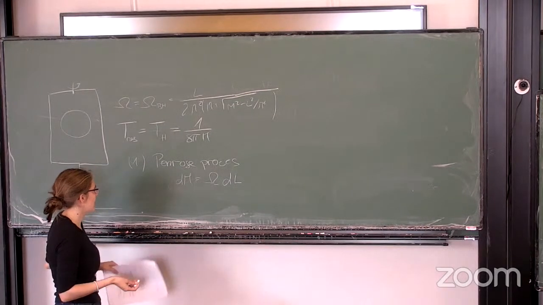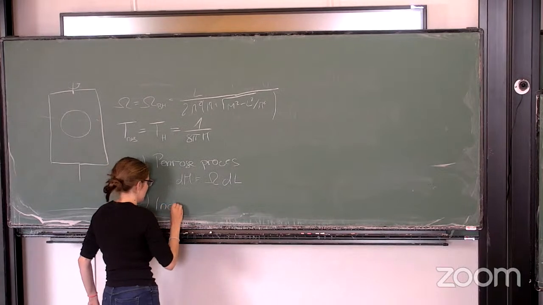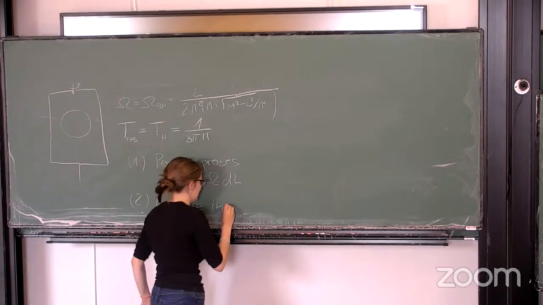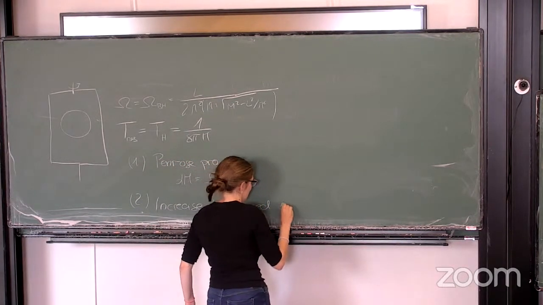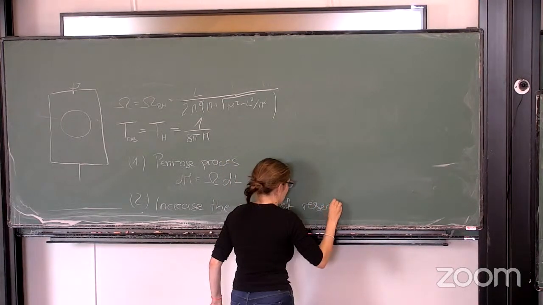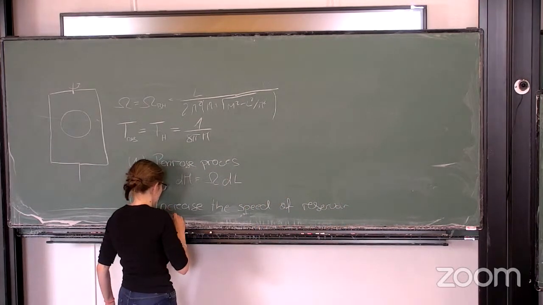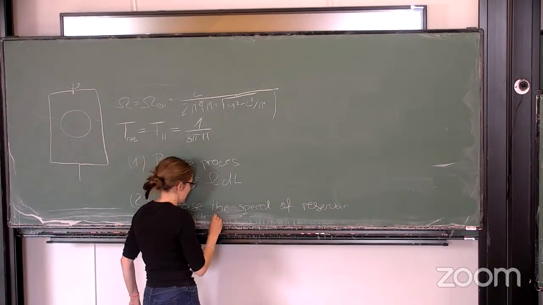And then in a second process, we increase the speed of the reservoir to match that of the black hole.